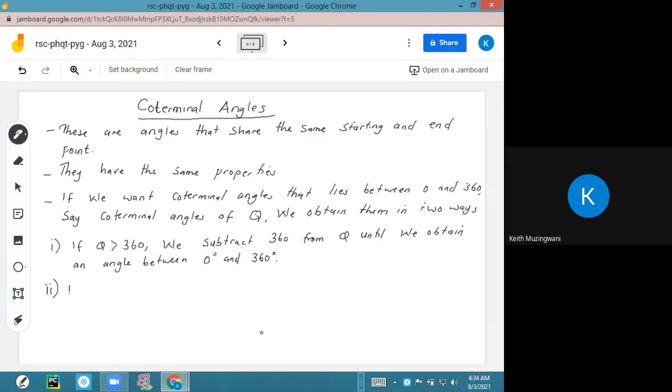Another way is if theta is less than 0, we add 360 to theta until we obtain an angle between 0 and 360. That is what happens.